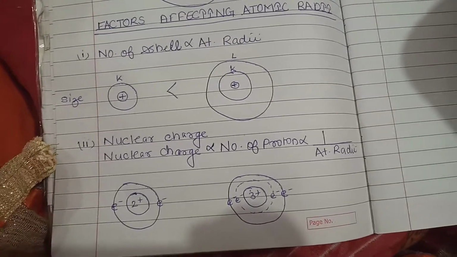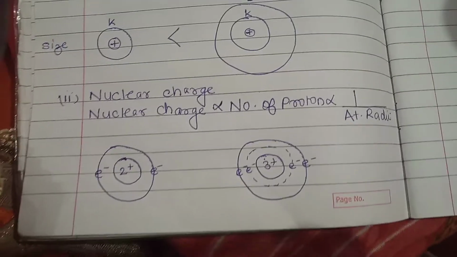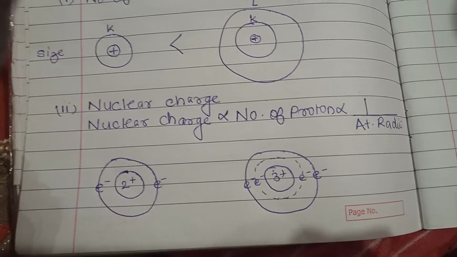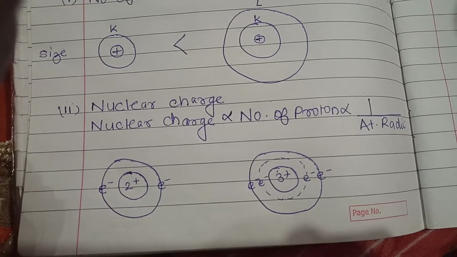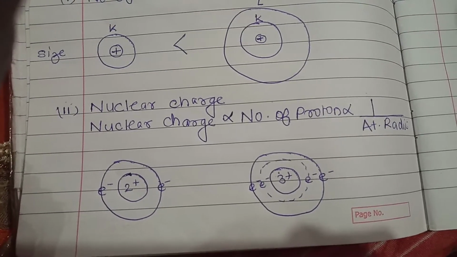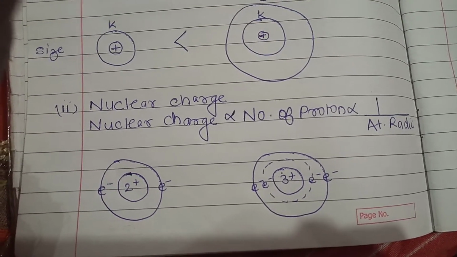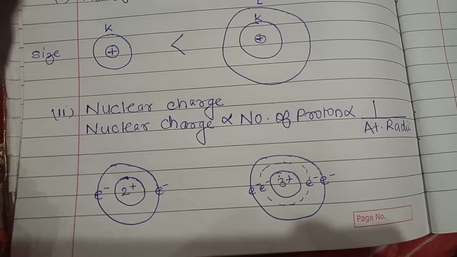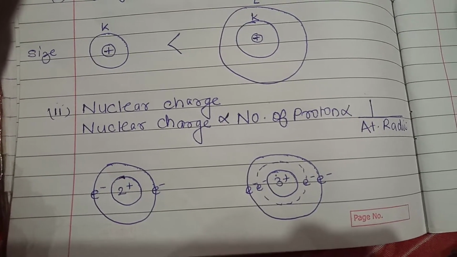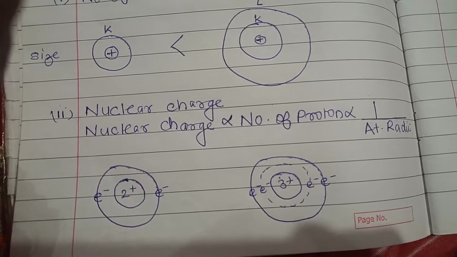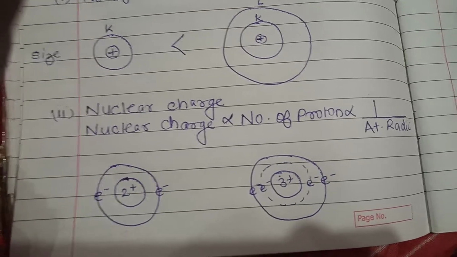So here come two diagrams. In the first diagram, first structure of an atom, I had place plus 2 nuclear charge where first shell K shell is being shown with 2 electrons. In the second diagram, we do have atom with plus 3 charge. Similarly, the K shell is being represented over here with 2 electrons.